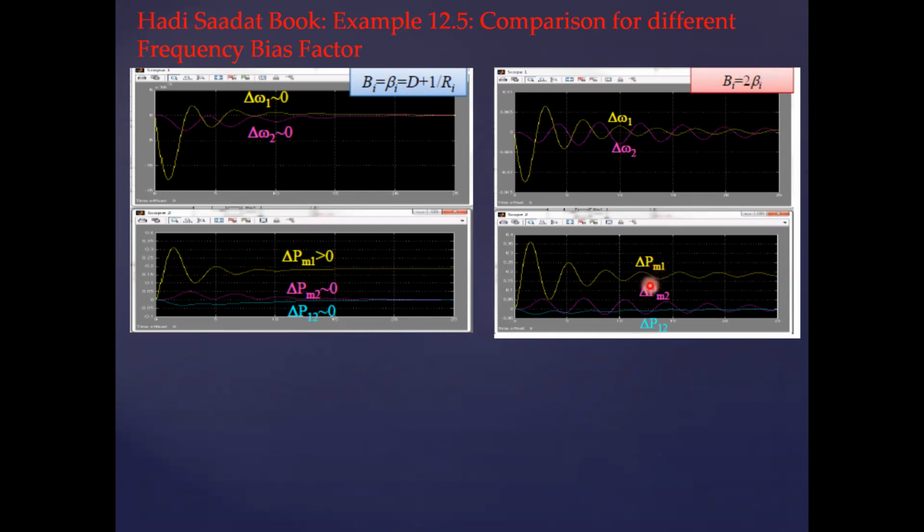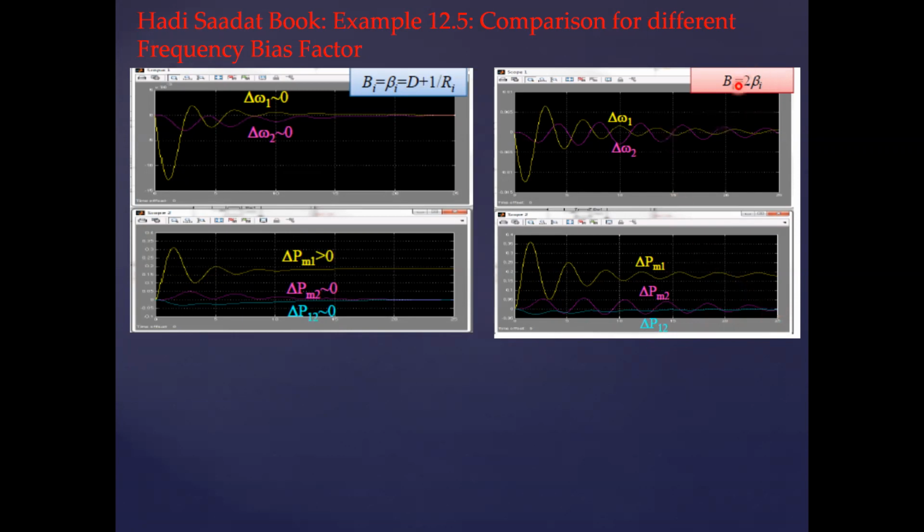And in this case, you observe this is the turbine power, and you find that the turbine power in area 2 has a few oscillations, but it settles down to the final value. And again, the tie-line power deviation is also near about 0, you can say.